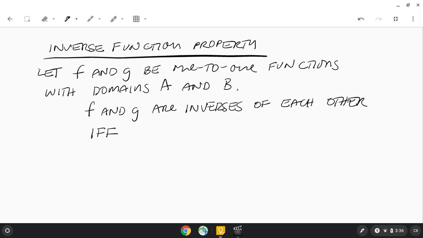So that means if and only if. In math, that just means that it's a biconditional. It goes both directions. f and g are inverses of each other if the following are true.